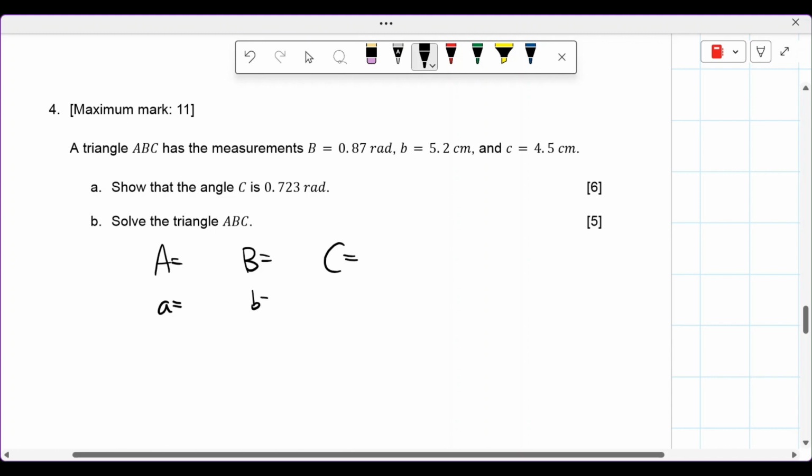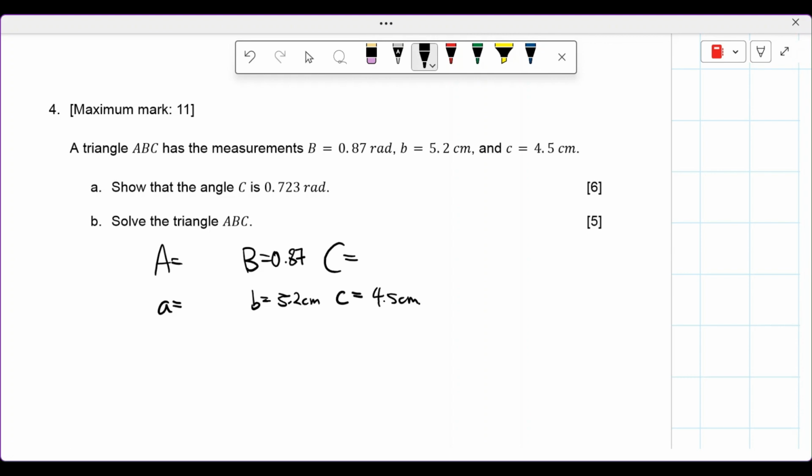I do know that uppercase B is 0.87, lowercase b is 5.2 centimeters, and lowercase c is 4.5 centimeters. The first thing that I notice is that I have a perfect pair for the letter B, which means that I'm going to use the sine law.